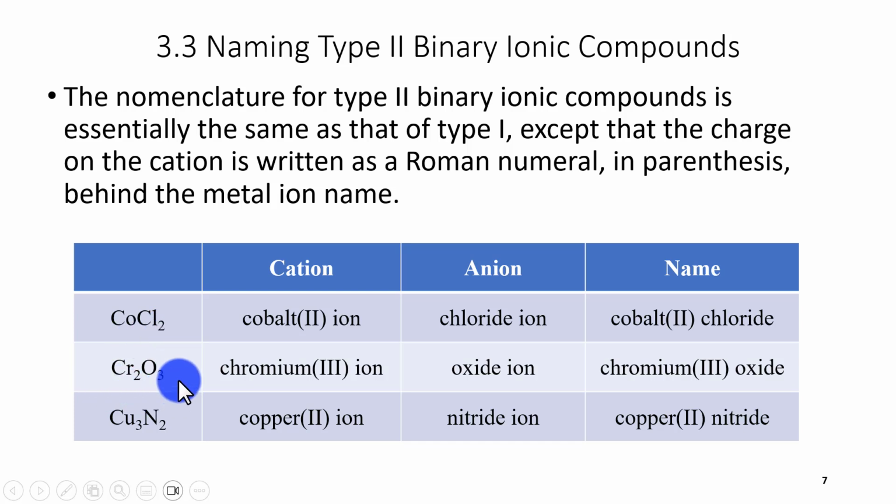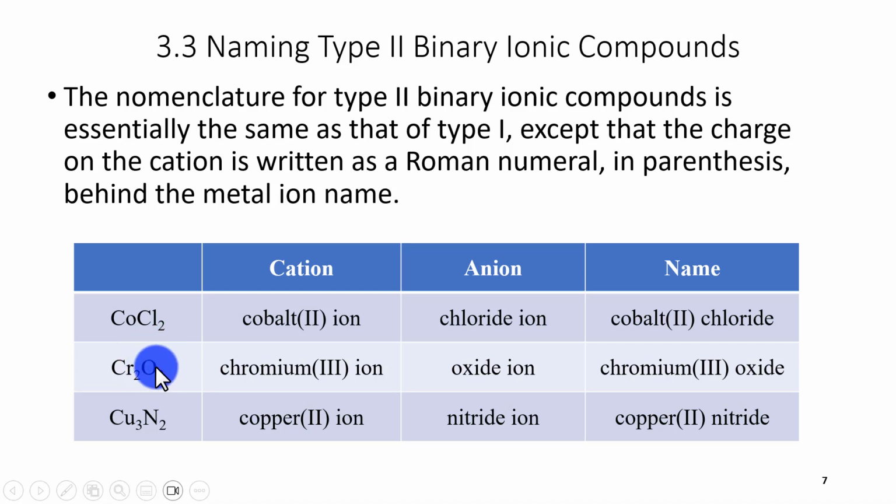Let's take a look at the chromium oxide. Let's figure out what the charge is going to be on the chromium. I have 3 oxygens or oxide ions. Each of them I know has a 2- charge because, remember from the previous slides, all of the nonmetals, all the anions, are always the same.